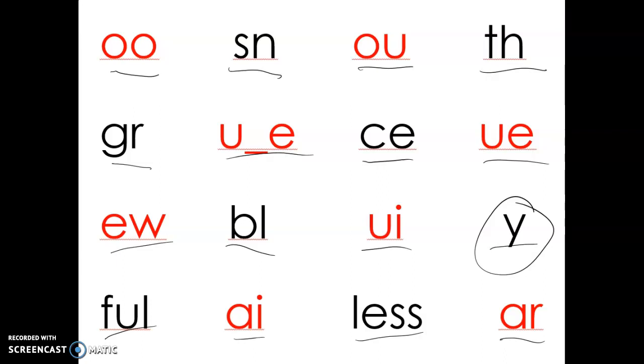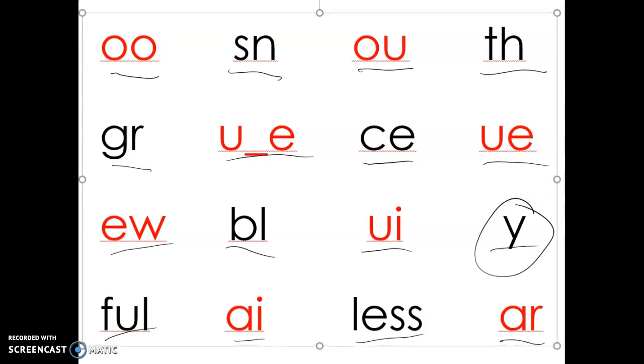Okay, I chose to say y because it is black and we can see that the vowel sounds are in red. Okay, let's move on to the next page.